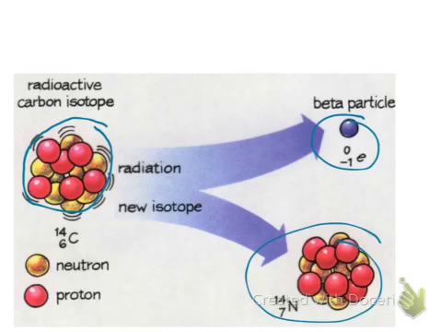So when carbon-14 6 goes through beta decay, it forms nitrogen-14 7, because if you subtract 14 minus 0 is 14, and then -1 and 7 is 6.